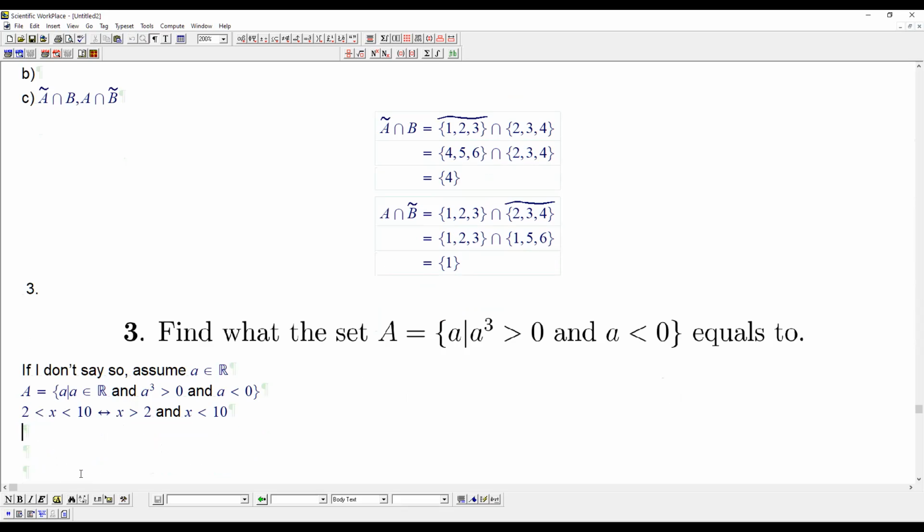Okay, the gears are grinding in your minds. If you're stuck, first of all, try finding elements of the set A. Just before you start describing it, get some examples in mind. Find some number that would fit this definition.